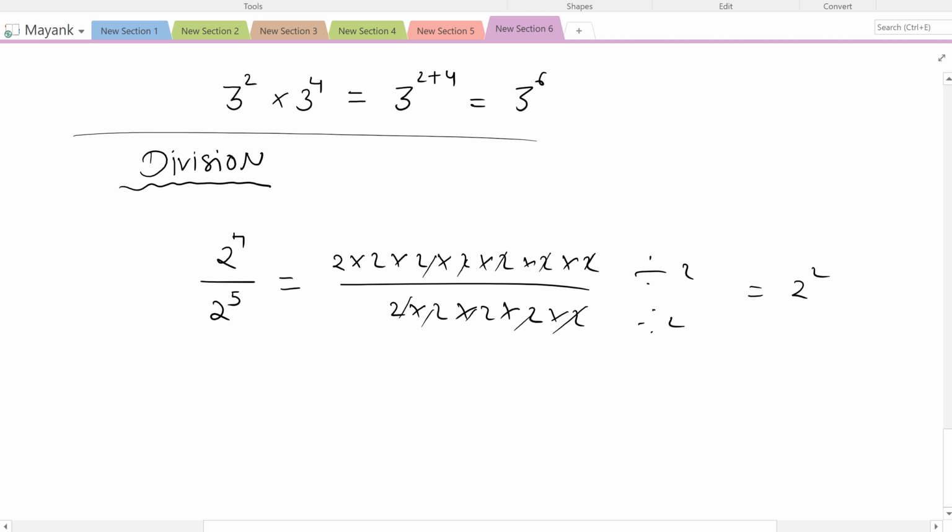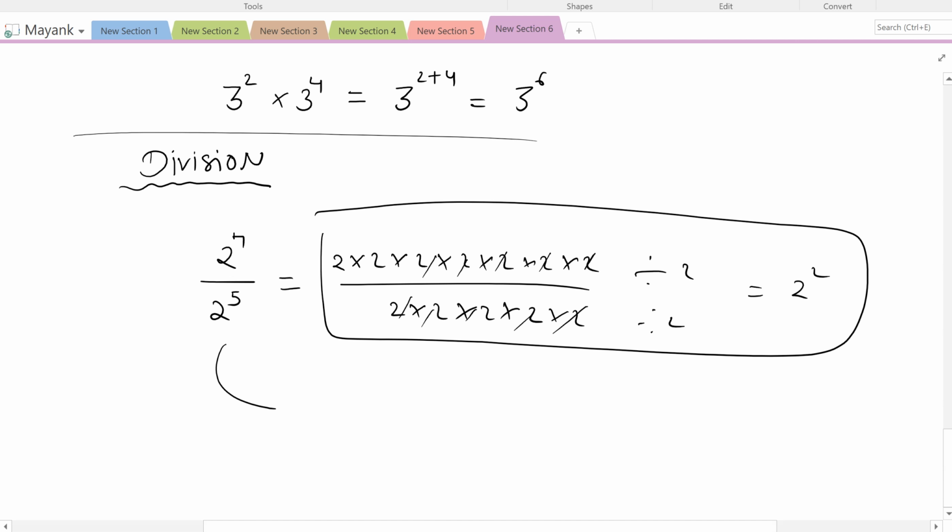Keep dividing numerator and denominator by the common factors. The common factors are going to be 2, 2, 2, 2, 2. So your answer is going to be that one. So that's a long way. The shortcut is to subtract the powers. Now let's do the shortcut. Rather than doing this whole thing, you could have done it this way. Whenever your base is the same, now the base is 2 and 2, they're the same, that means you subtract the powers.